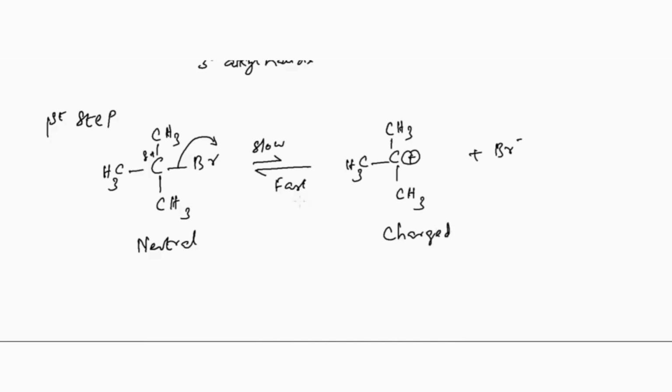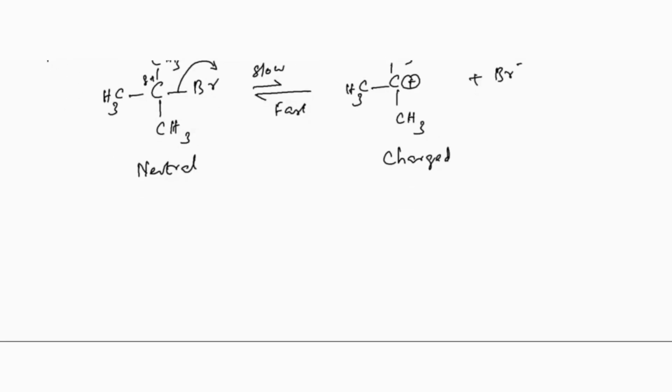That's why it is not ready to break into charged species, and that's why this step is very slow. Clear? Now we assume, however, that this carbocation has been formed.